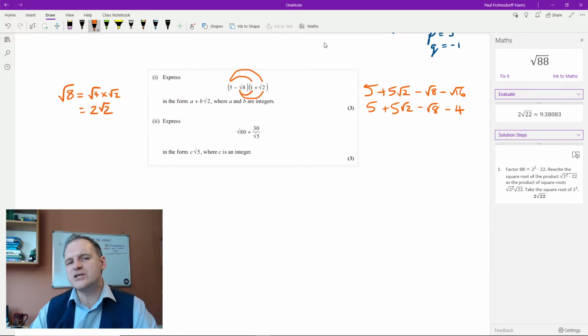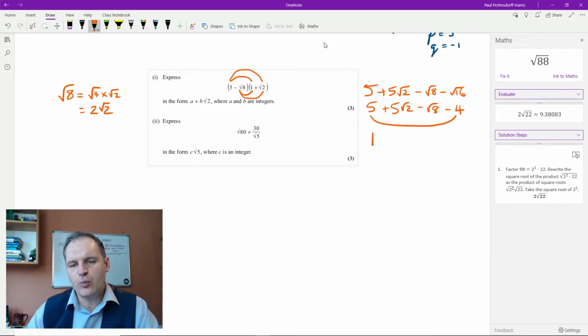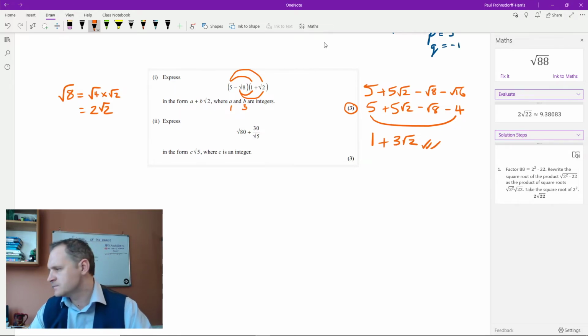For that reason, I can then write it out again as 5 with the minus 4 is 1, and this being 2 root 2, 5 root 2's take away 2 root 2 is 3 root 2. And I've got A as 1 and B as 3 for 3 marks. Any questions on that?